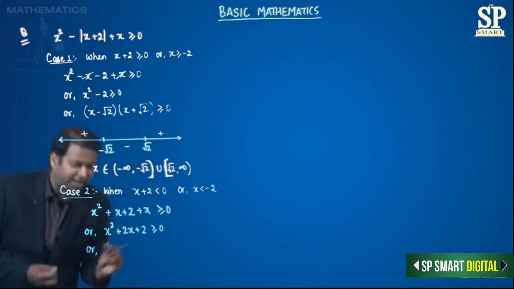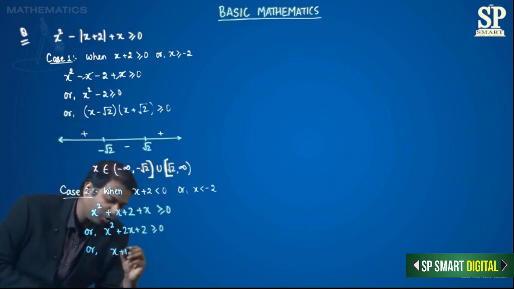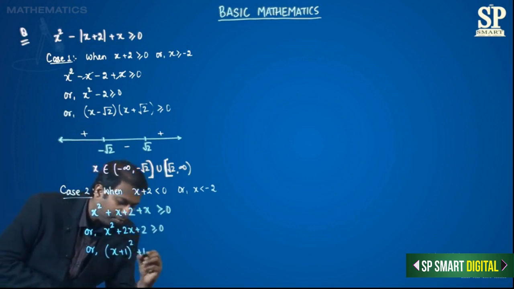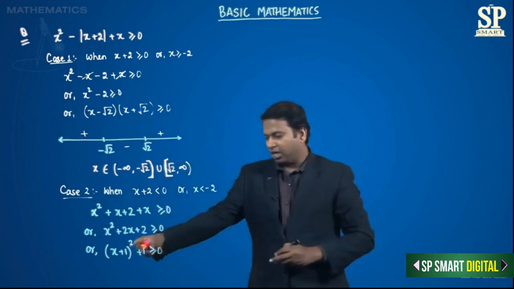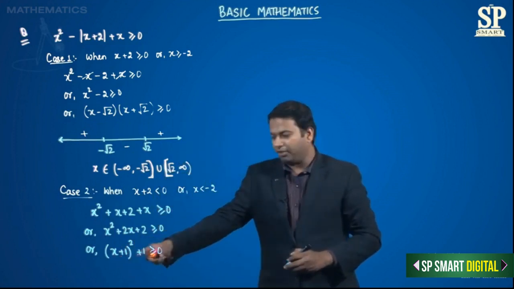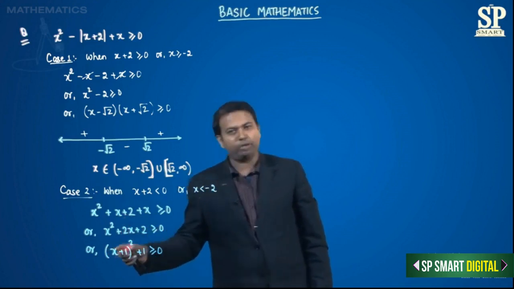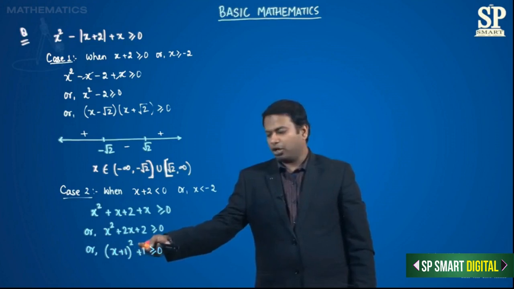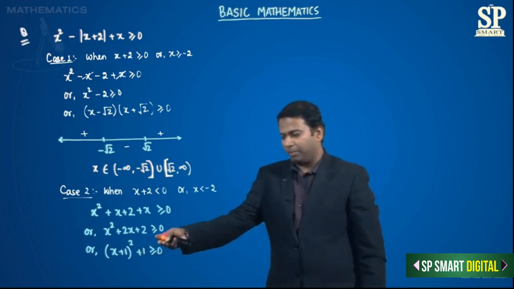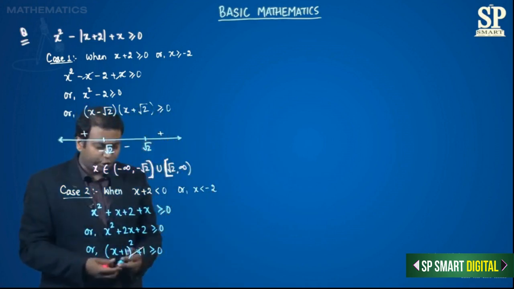Now this quadratic expression which we have can be written as x plus 1 whole square plus 1 greater than equal to 0. Now if you look at this inequality carefully, we find that this is a perfect square which is certainly going to be greater than equal to 0, and if we add another constant which has a magnitude 1, then certainly the left hand side is always going to be positive.